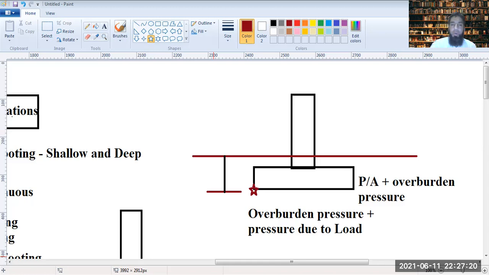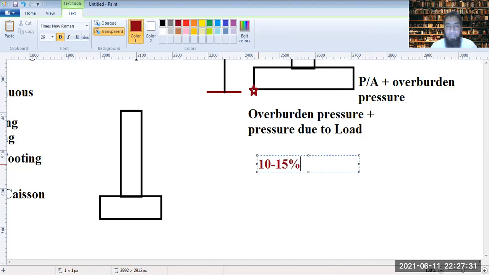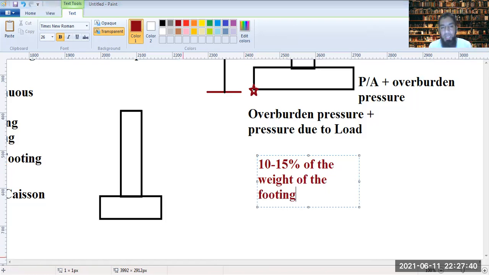How do we know how much is the foundation and how much is the weight of the foundation? So by convention, we usually take around 10 to 15% of the weight of the footing. So that converts into load of the actual load that's coming through the column.